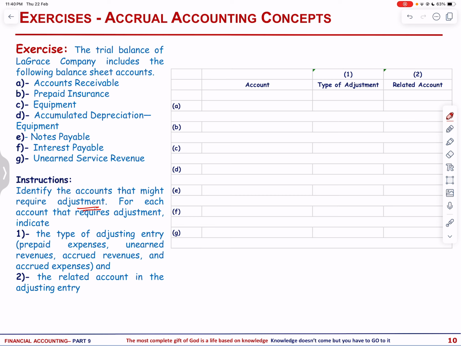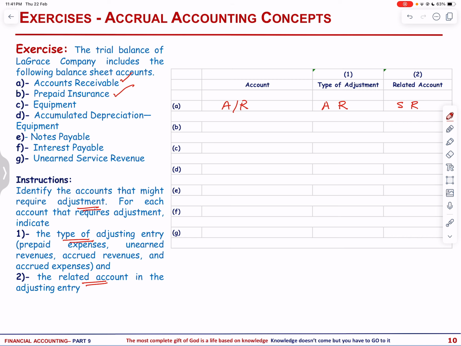For each account that requires adjustment, we have to do two things. We have to indicate the type of adjusting entry required and the related account in the adjusting entry. So first one is accounts receivable, and for accounts receivable, the type of adjustment will be about accrued revenues, and the related account will be service revenue.